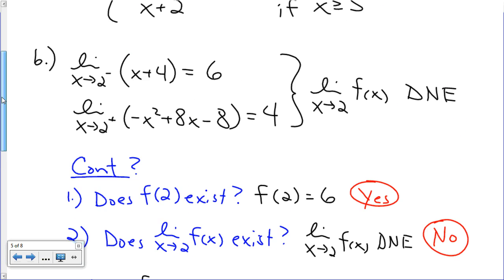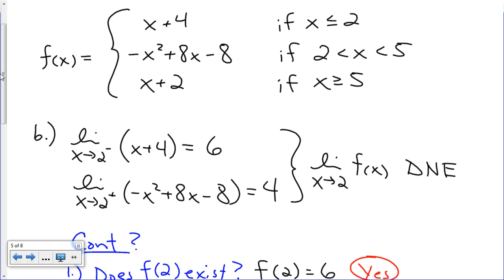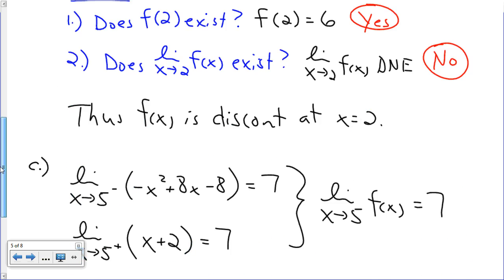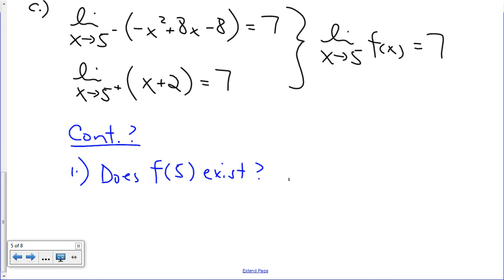The definition says in the very last piece, if x is greater than or equal to 5, then the function we evaluate is x plus 2. So f of 5 is 5 plus 2, that's 7. So does f of 5 exist? That's a big yes. I get some number out when I plug in 5.